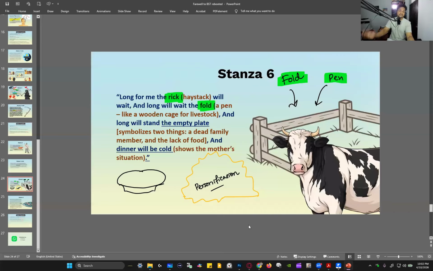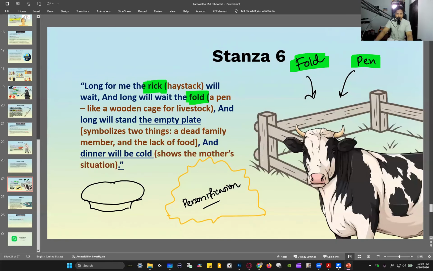But this mother in Farewell to Barn and Stack and Tree is suffering. She has lost both of her sons. How has she lost both of her sons?